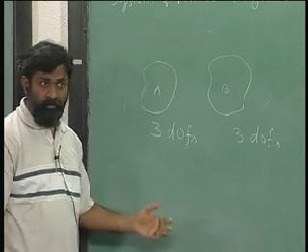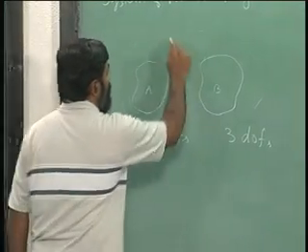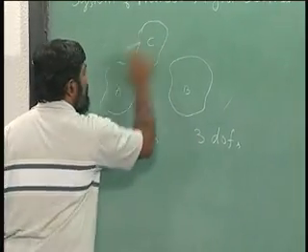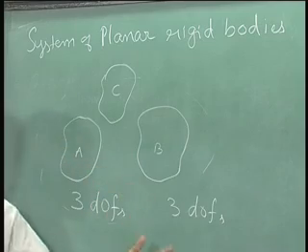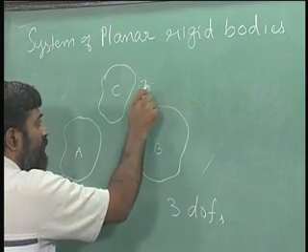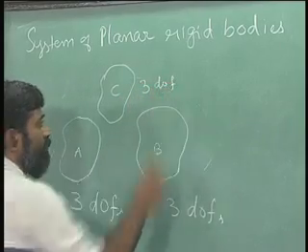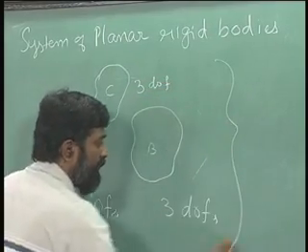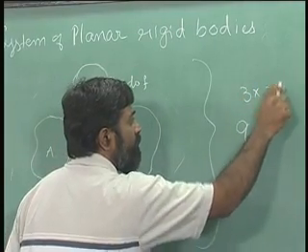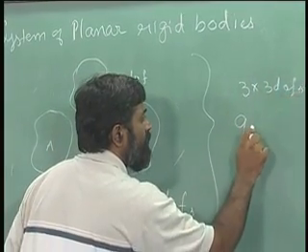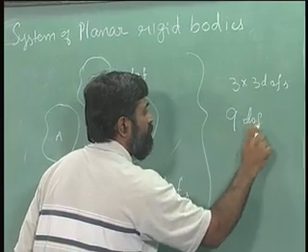Now supposing I add one more body over here, let us say C, it is easy for me to find out the total number of degrees of freedom this system constitutes, and that is nothing but I add 3 degrees of freedom more, and so this entire system will have 3 times 3 degrees of freedom, which means it is equal to 9 degrees of freedom.